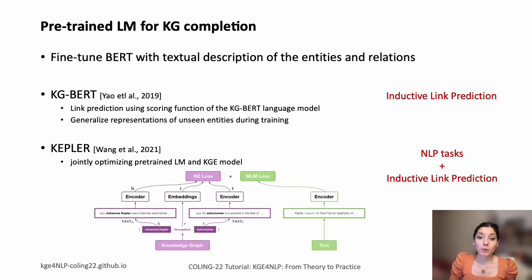Kepler is able to produce embeddings of entities unseen during training from their text descriptions. Entity embeddings are encoded via a transformer architecture from their text descriptions. Then, knowledge graph embedding is trained with the objective of the model RotatE.